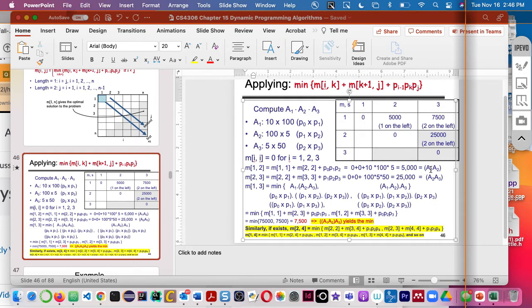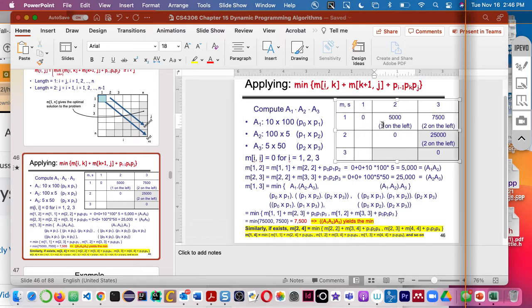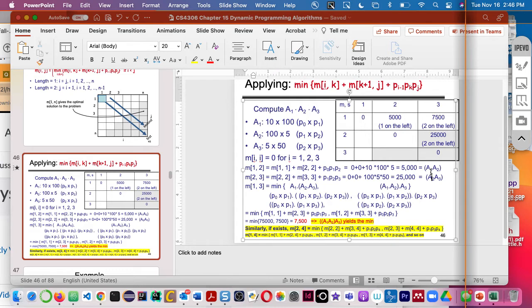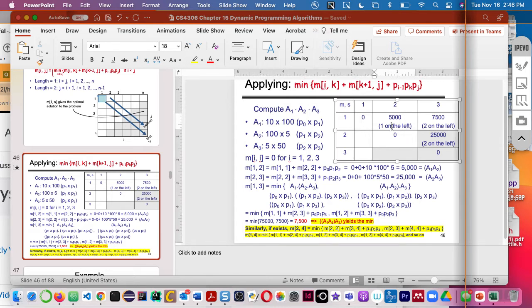Over here, what is the left side suffix? 1, right? The left side matrix is A1. So then put 1 over here. It means whenever you multiply A1 and A2, put A1 on the left side, and put the value 1 there, just 1.